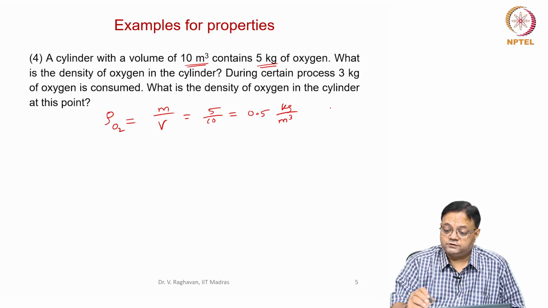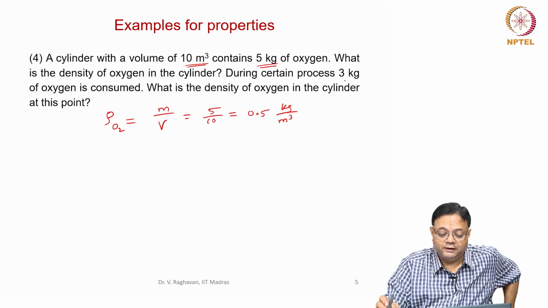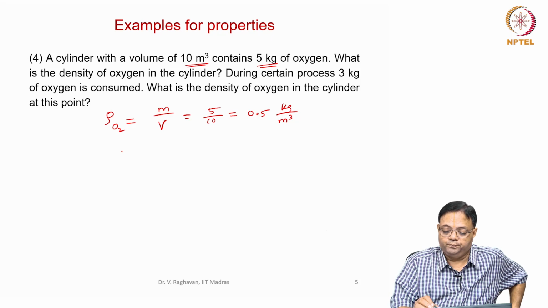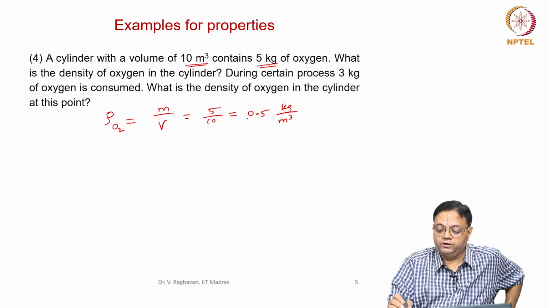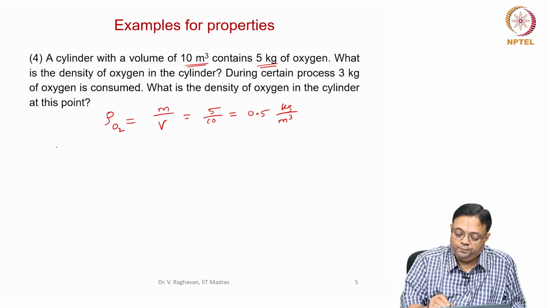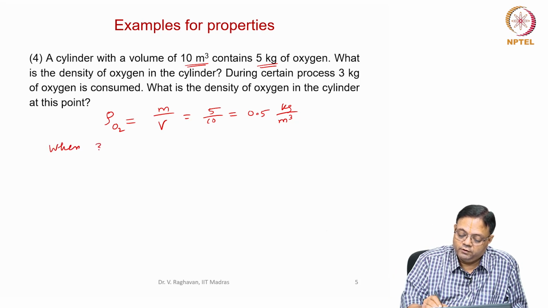Okay, now next, during a certain process 3 kg of oxygen is consumed. What is the density of the oxygen in the cylinder? So, when 3 kg is consumed, that is extracted from the cylinder.